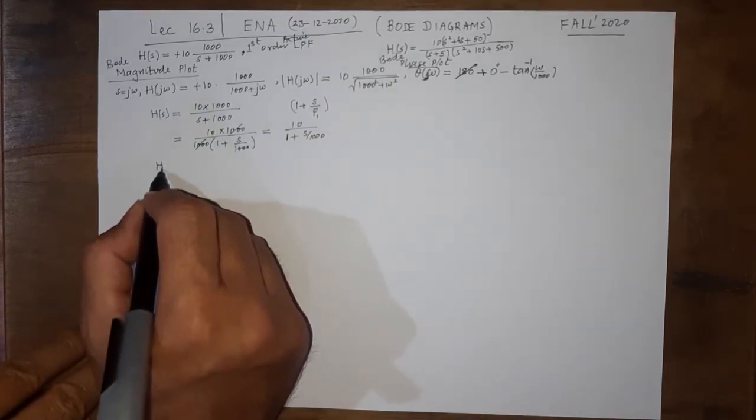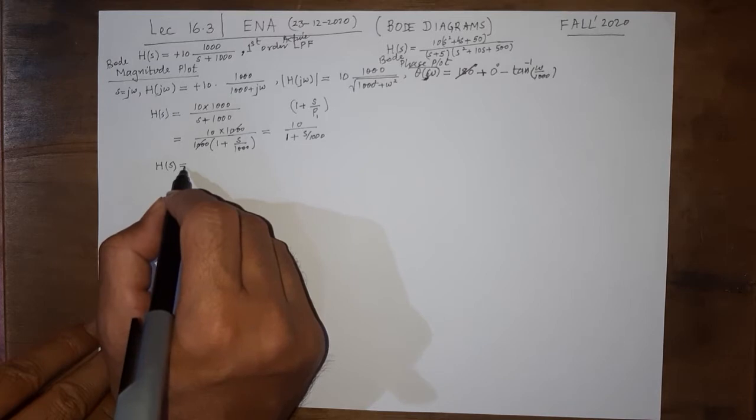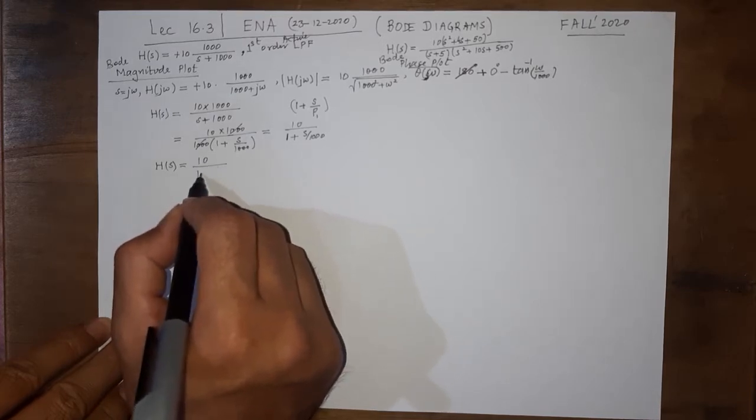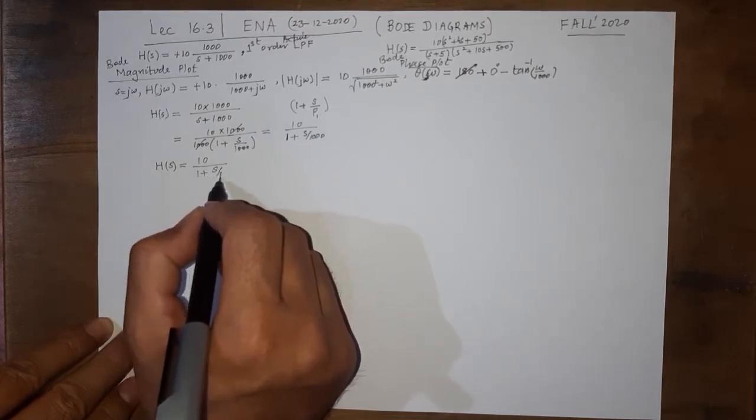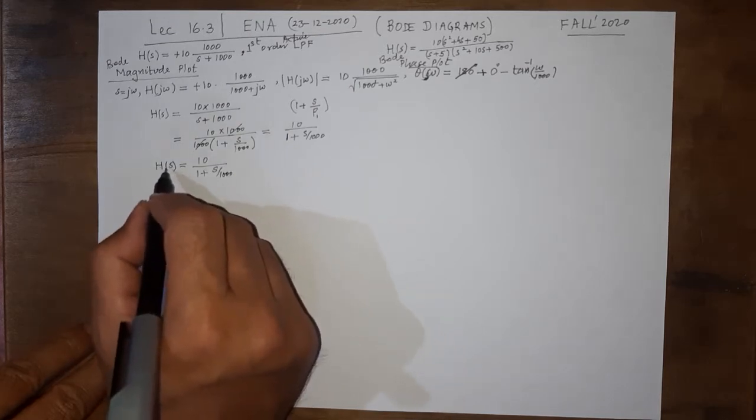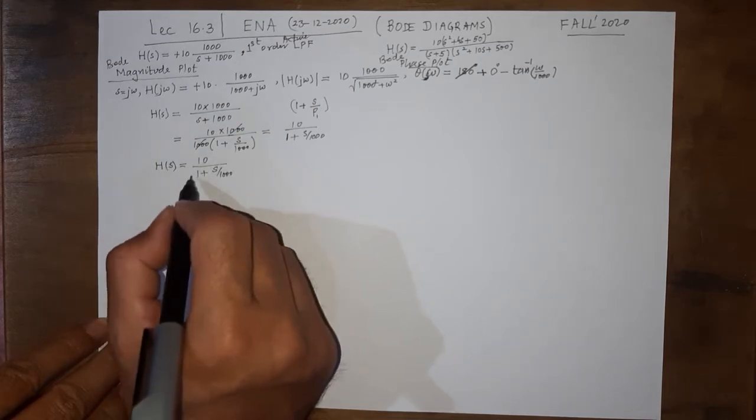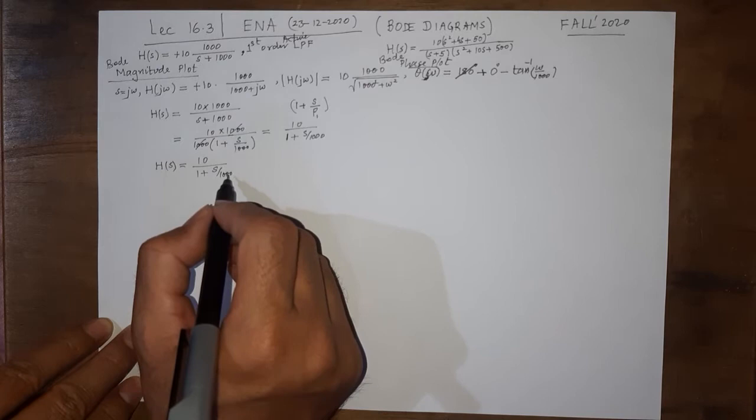So once you get H of s in this form, it is now very easy to see that H of j omega would be 10 over 1 plus j omega over 1000.